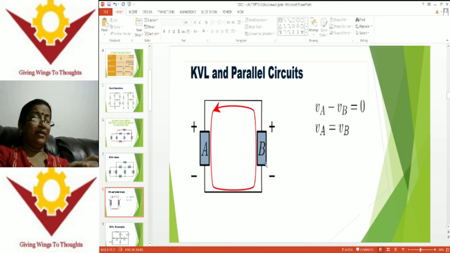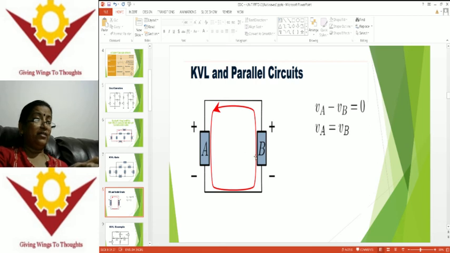Let us see first A and B. If these two components are in a closed loop, then the sum of voltages is equal to 0, in the sense VA plus VB is equal to 0. In general, based on the polarities of connections of these components, we are going to write the equation.